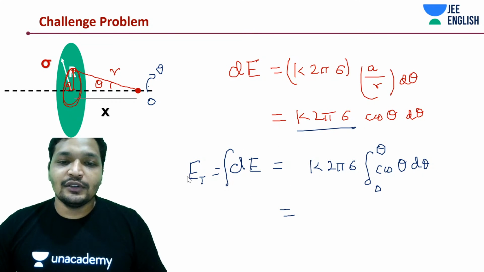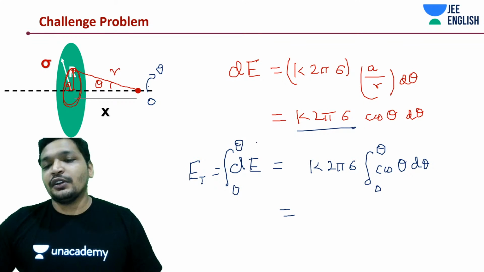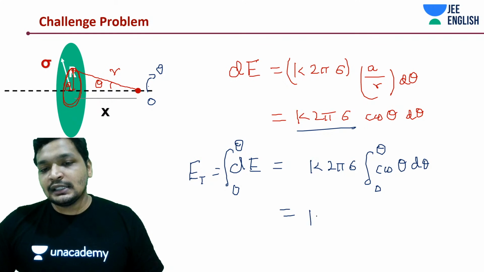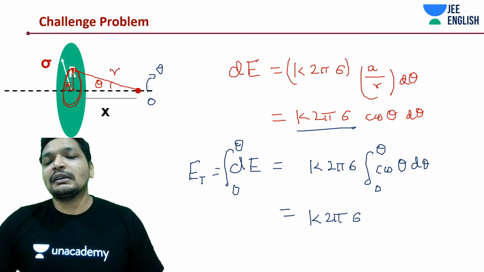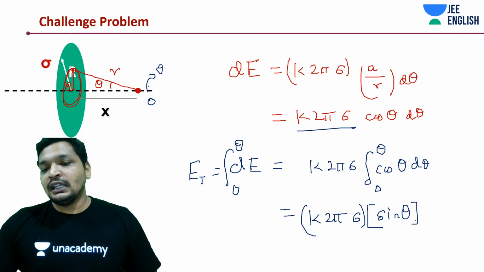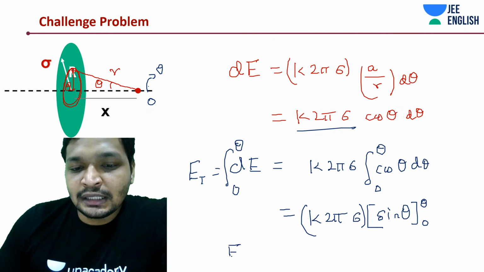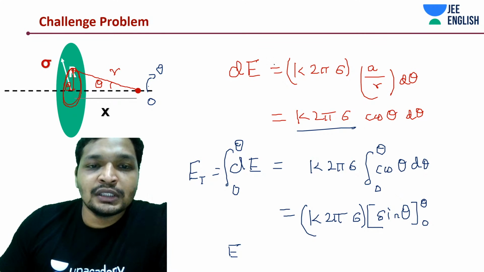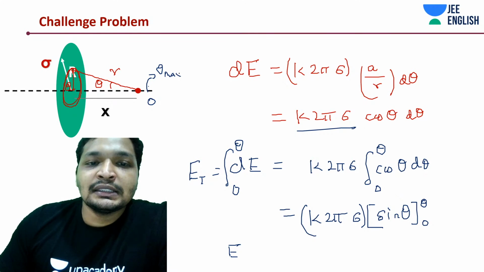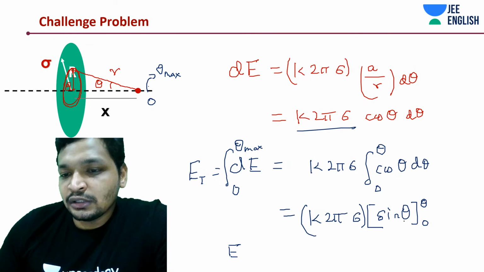Alright, let's write it down quickly. It's a simple problem, guys. I told you at the beginning itself, today's class is going to be super simple. And this is k into 2 pi into sigma, all constant terms, sine theta from 0 to theta, which is nothing but sine theta itself. Let's give it a name: sine theta max, and the limit is theta max.